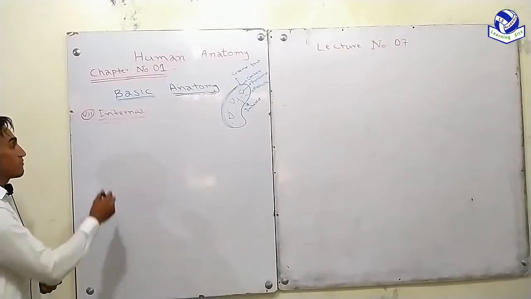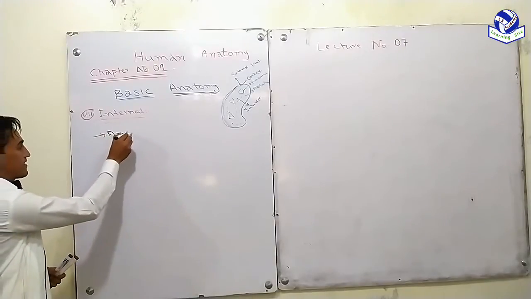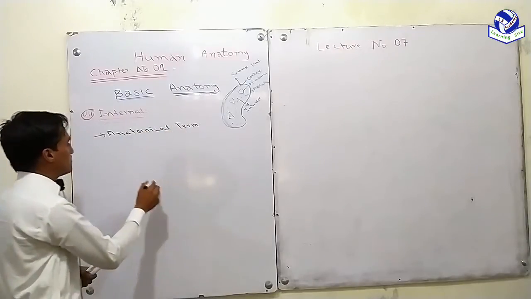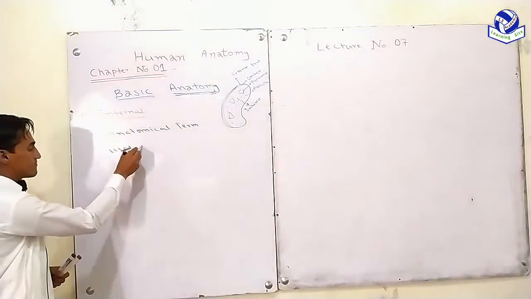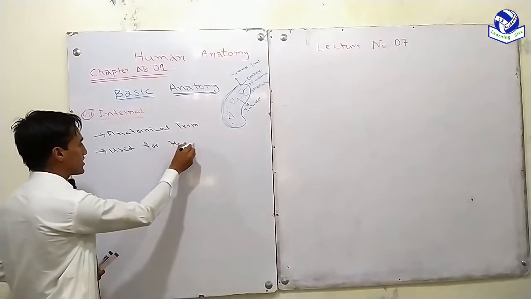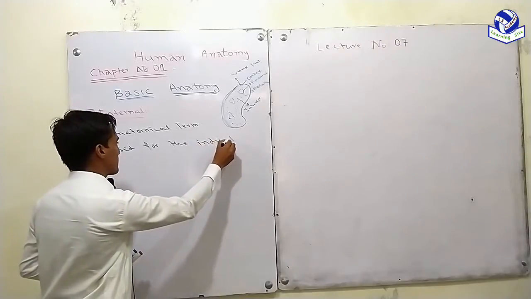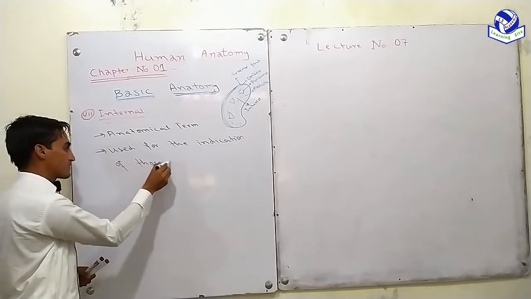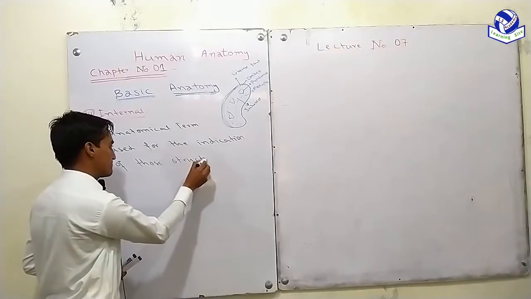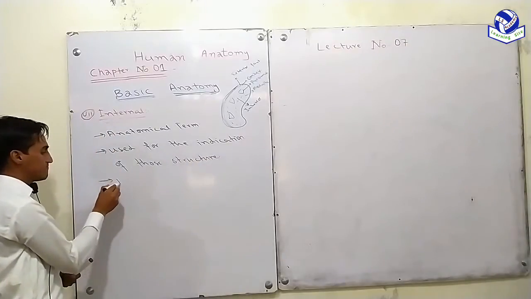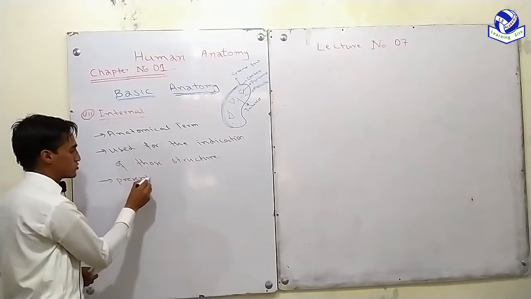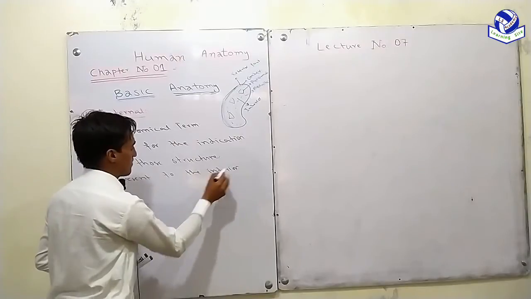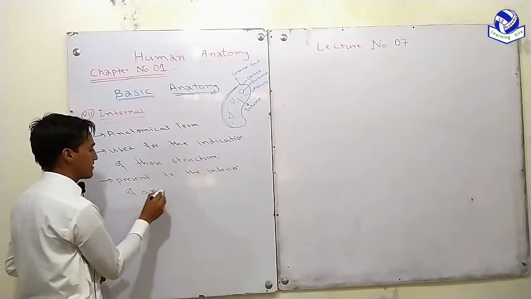Internal is an anatomical term used for the indication of those structures present to the interior of an organ.